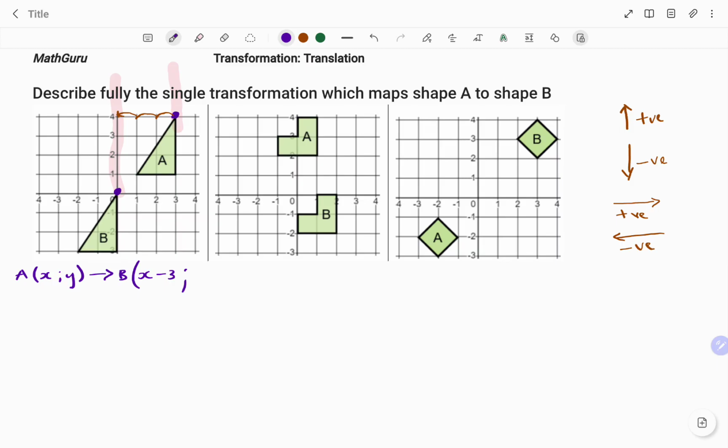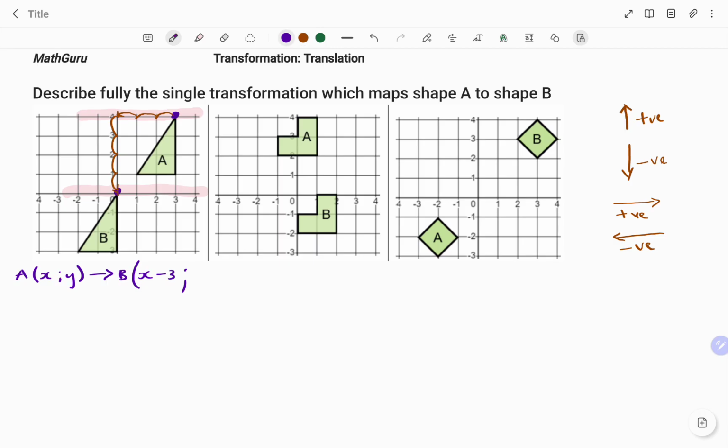And for my y, I'm going to take out the highlight and then highlight for my y-axis. So I have A starting from the top as shown and then to point B. What that means is I'm moving downwards because I'm going from shape A to B in 1, 2, 3, and 4 units.